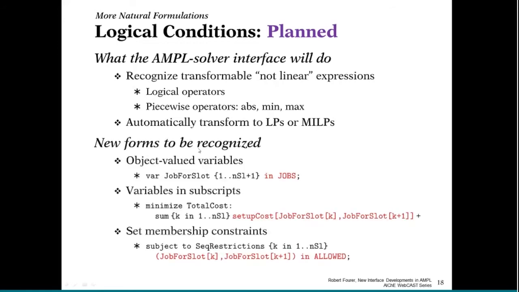And we'd like to recognize some new forms, like variables that take values in sets of objects, and then this thing where you can have variables inside the subscripts of a parameter, and maybe even set membership requirements that say this pair of variables has to be in the set. And so we're looking to further expand the syntax to make it possible to say more things naturally.